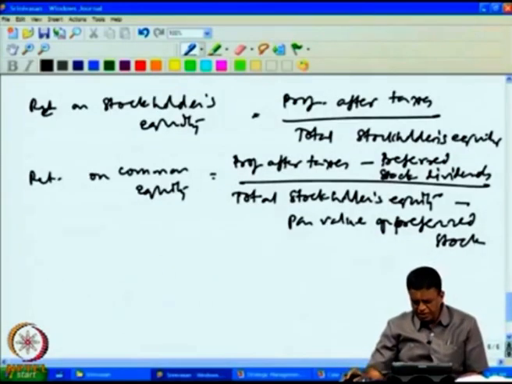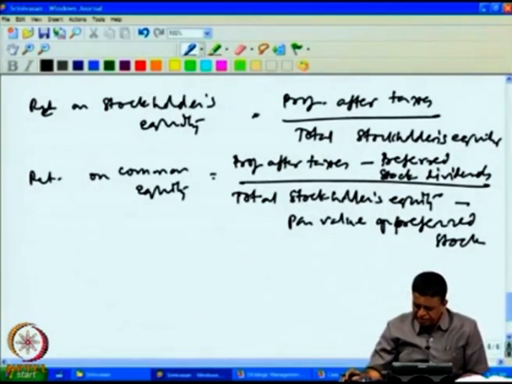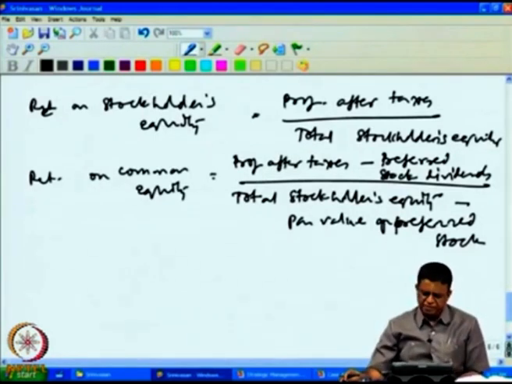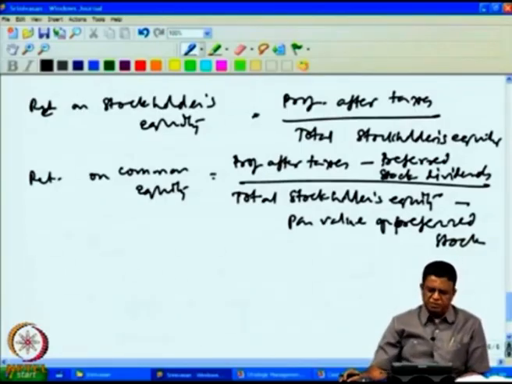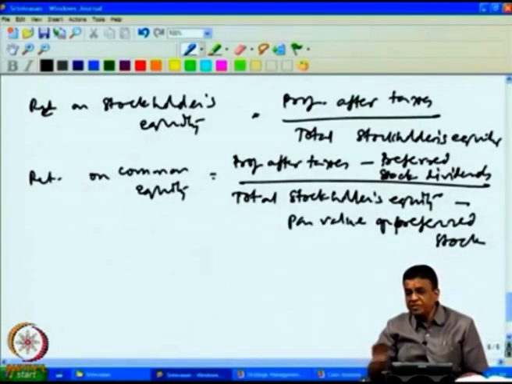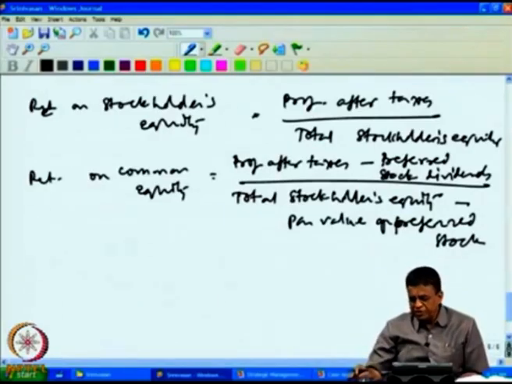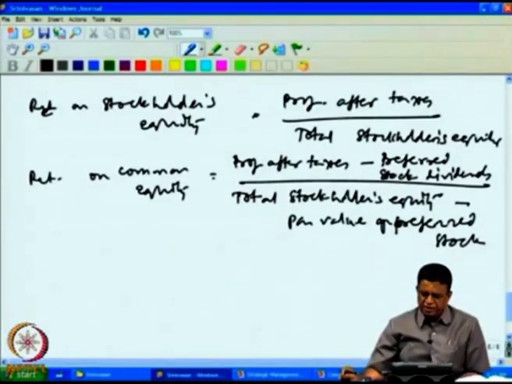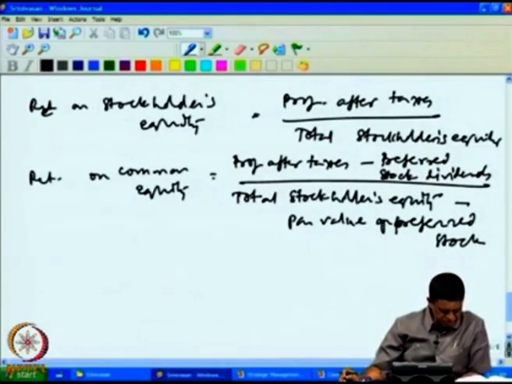So, you are looking at profit after taxes minus the preferred stock dividends. Some people have preferred stock, and the dividends due to them you have to pay. You will come to the common equity holders after these preferred stock dividends are paid, then the total is divided by the total stockholders equity minus the par value of the preferred stock.